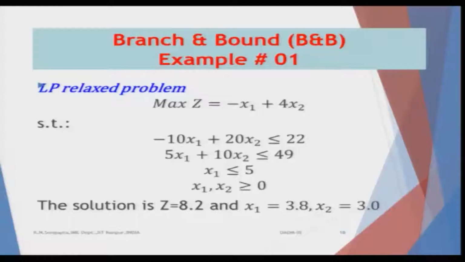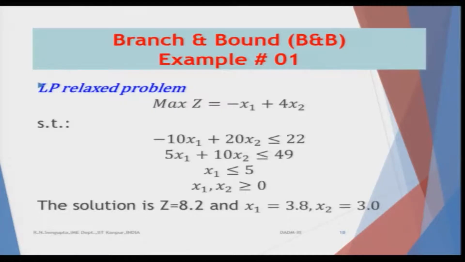The problem remains the same. You first relax the decision variables, make them continuous and solve them, and the solution techniques are all what we have learned in linear programming, simplex method and so on. So, the problem formulation is like this: maximization of the same function, which is minus x1 plus 4x2, such that the constraints are also the same.